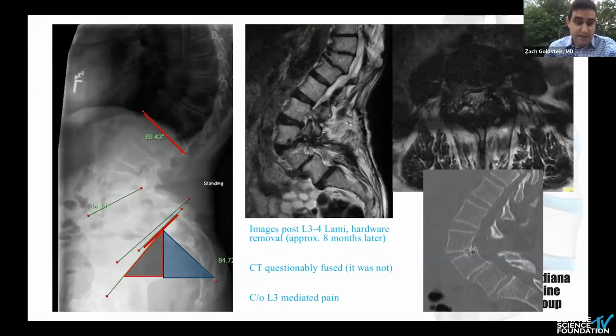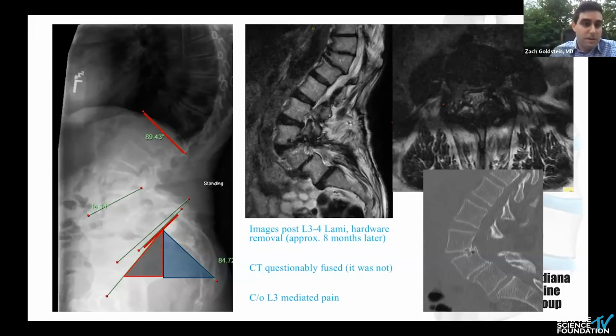In this patient's case, it isn't surprising that her decompression failed given her very poor LDI despite really no PI-LL mismatch. Regardless, this poses an interesting question of how best to address her pathology at L3-4 with posterior bone loss in the setting of an overall well-balanced spinopelvic alignment, albeit with a very high PI and a hypolordotic lower lumbar spine and a hyperlordosed upper lumbar spine.